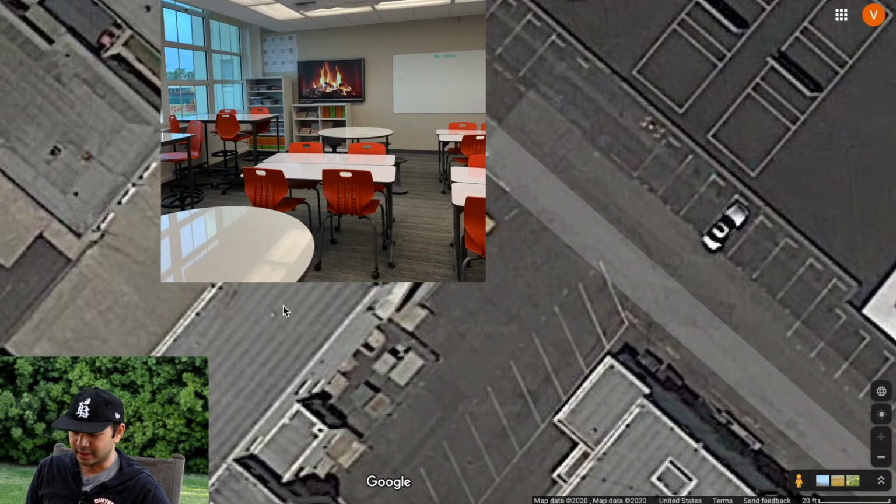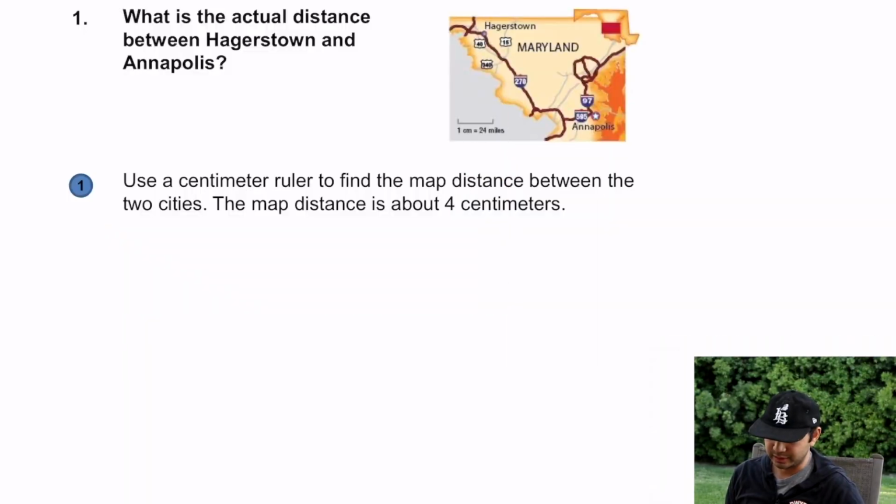So let's take a look at this example here. What is the actual distance between Hagerstown and Annapolis? This is an example out of the book. The first step you would need to do is to actually measure with a ruler. Because if you had a physical map, you would measure out how far it is. From here to here, it says that the map distance is about 4 centimeters.